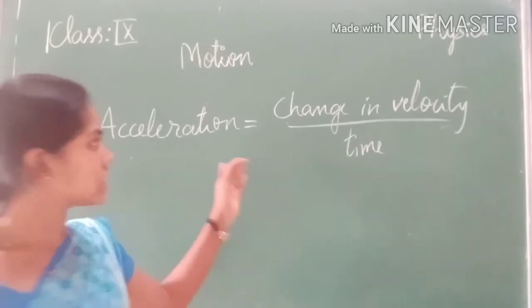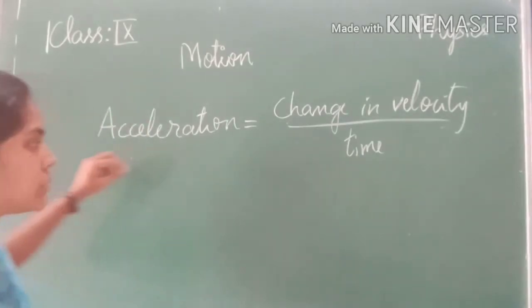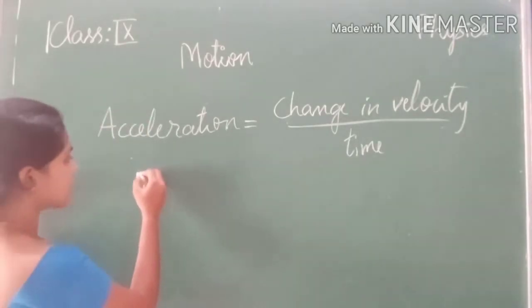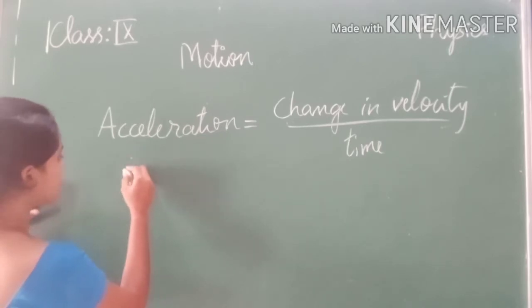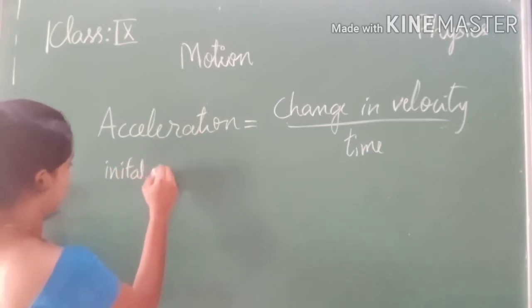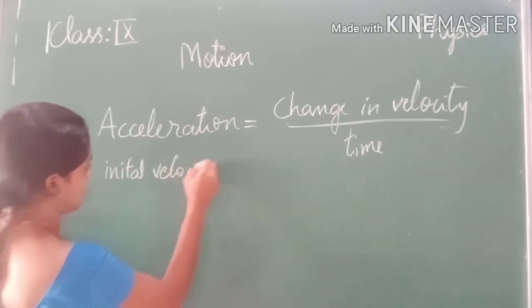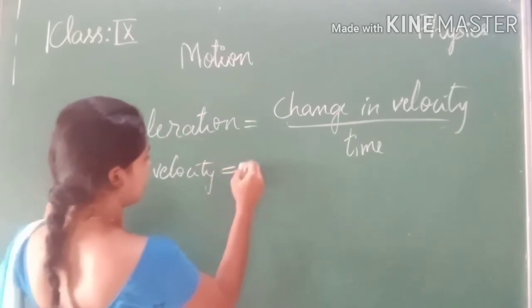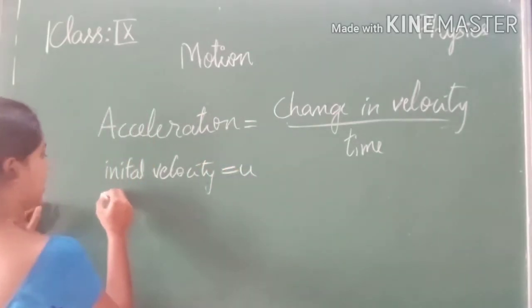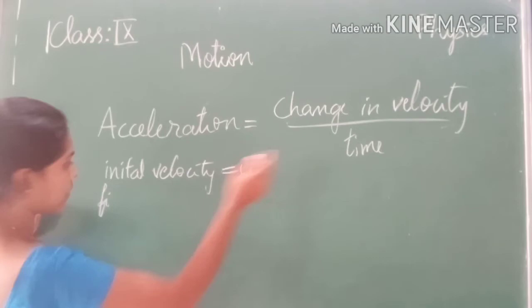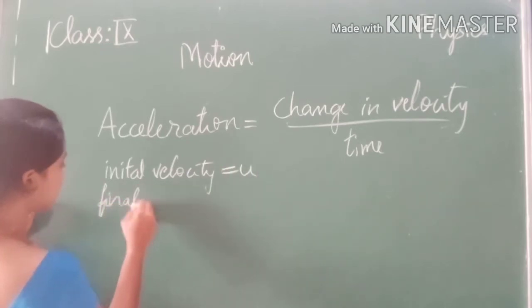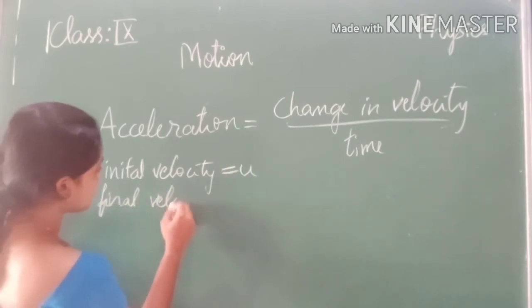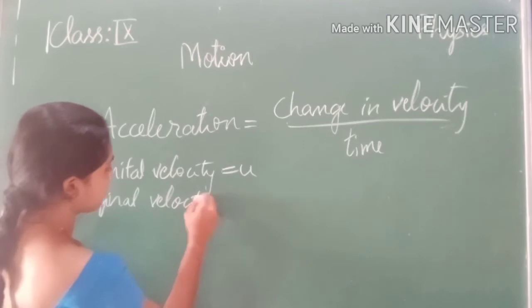Consider one object is moving. It starts its motion with the initial velocity, consider the initial velocity as u, and the final velocity at a particular point, let us consider it as v.